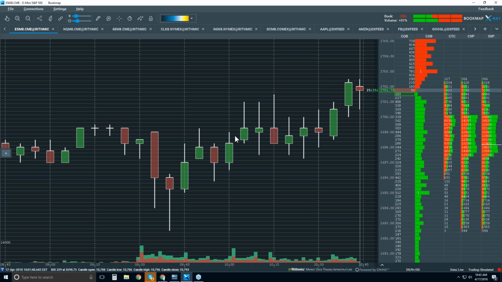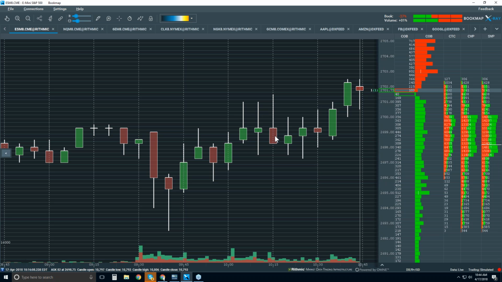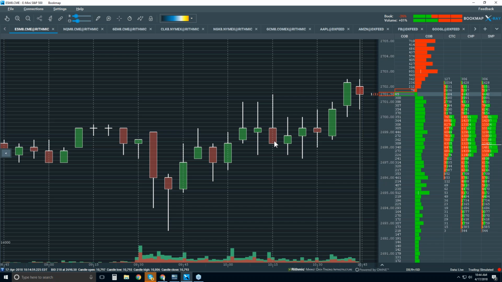What's inside that candle? What happened within that time frame? We have no idea. All we know is open, high, low, and close. And we want to know that information. Because look at all these wicks up here. You would start to think, for example, especially after this one here, that we're going back down to the downside. Well, we're going to look at the order flow, and you're going to see a different outcome based on the order flow that will keep you in that trade instead of going short.